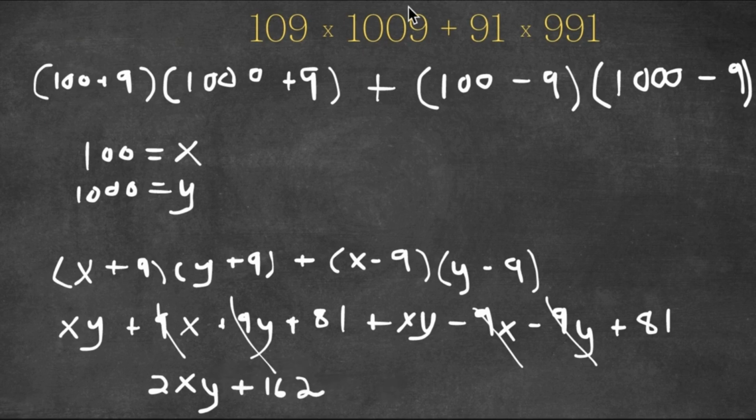So now all we have to do is substitute in 100 for X and 1000 for Y. So this is equal to 2 times 100 times 1000 plus 162.